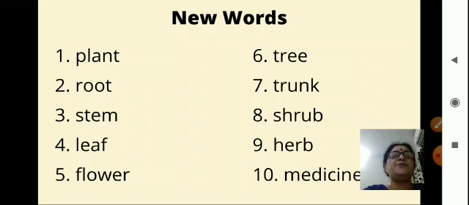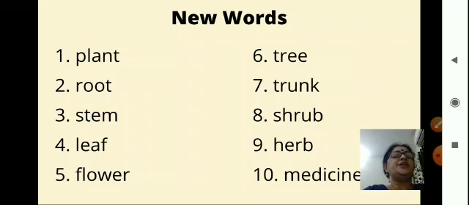Flower, F-L-O-W-E-R, flower. Plant, root, stem, leaf, flower.